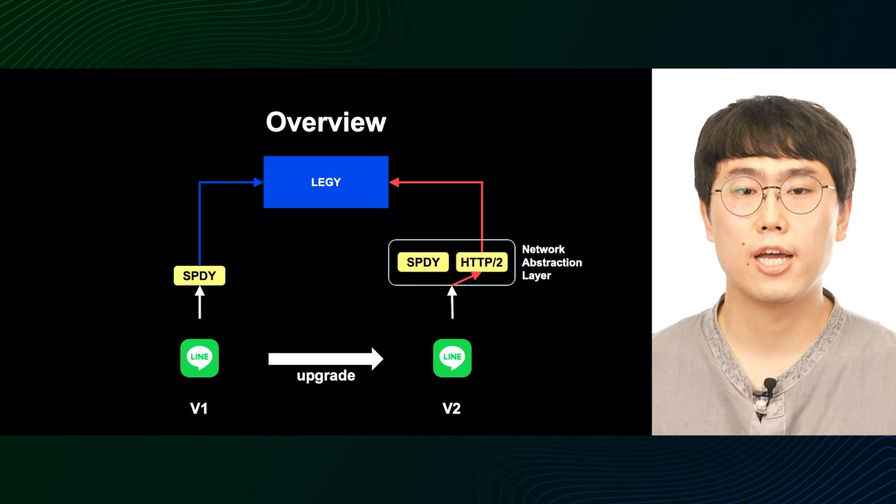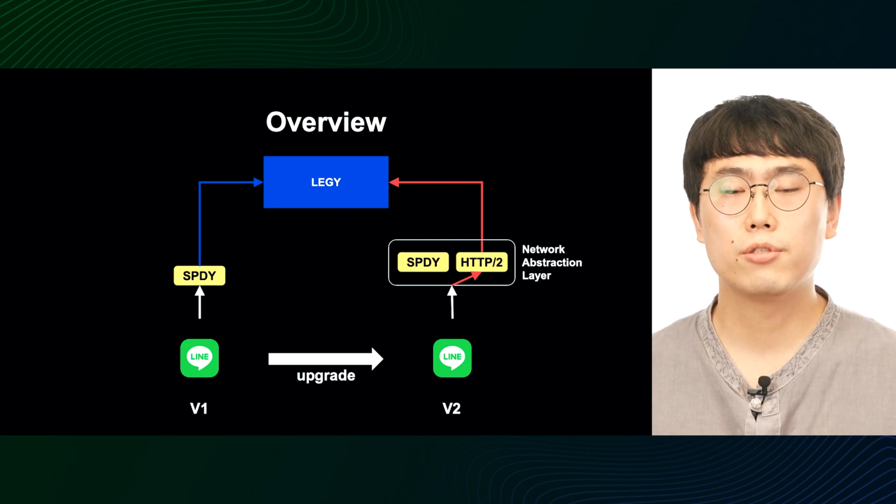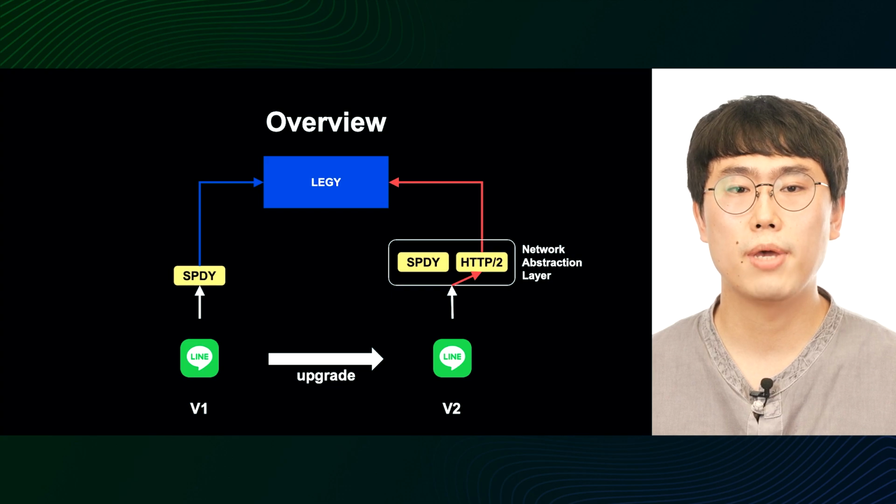This diagram describes how the communication works. Instead of using the protocol directly, a Network Abstraction Layer has been introduced to manage the protocols. It determines which protocol to use and handles any protocol level problems. The default protocol would be HTTP2.